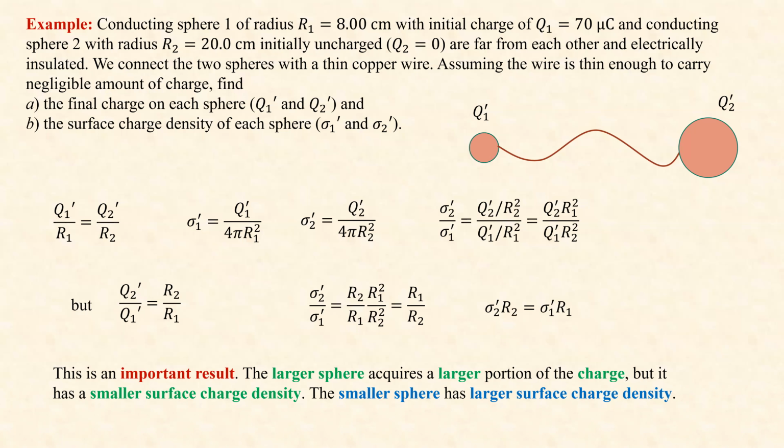All right, this is the importance of this example. The smaller one has larger surface charge density, even though the total charge of this is bigger than this. But the surface charge density on this is bigger than that. All right, why is that important?